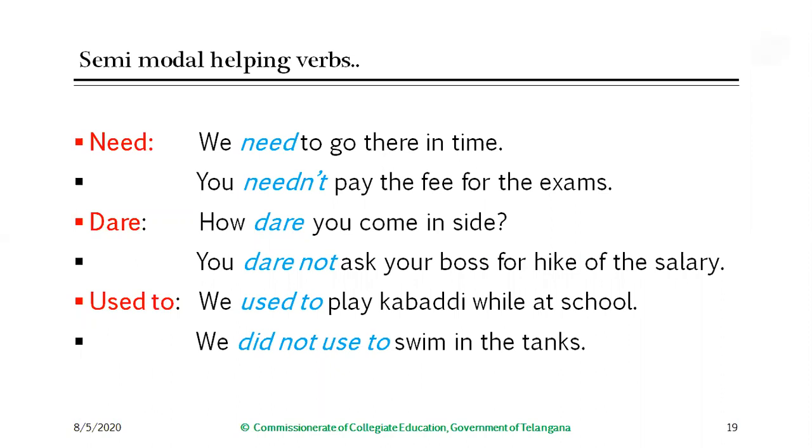And in the same way, used to. We used to play kabaddi while at school. Generally, used to is used for discontinued past actions. It means that the actions are not in force now. It means when we were at school, we played kabaddi.